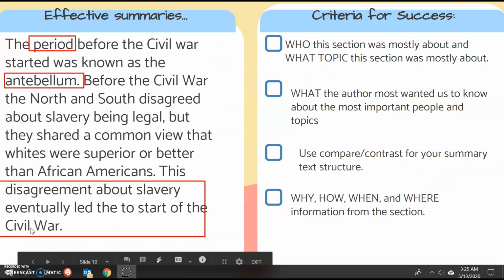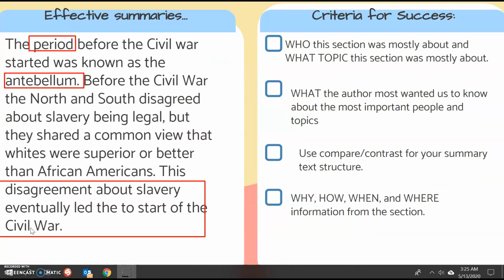I want you to take a moment to read my summary. I want you to look at my summary and find who this section was mostly about and what topic this section was mostly about. Again, the subheading and pop-out sentences have these.